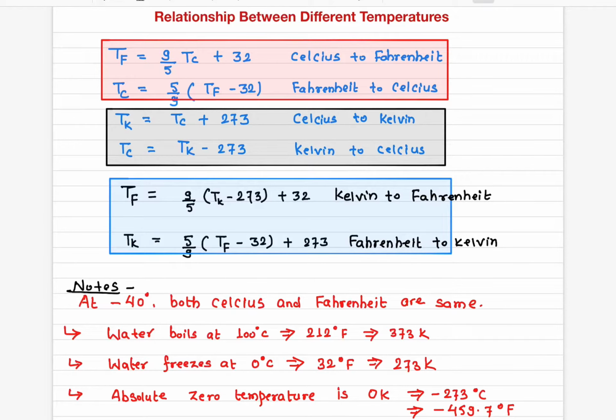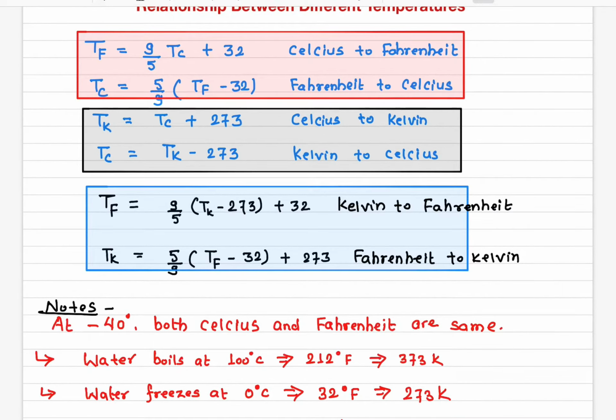I have listed all the relations here to make it easier, but if you want to memorize, just remember this equation, and the rest you can derive yourself.